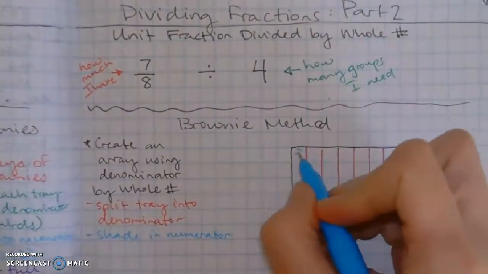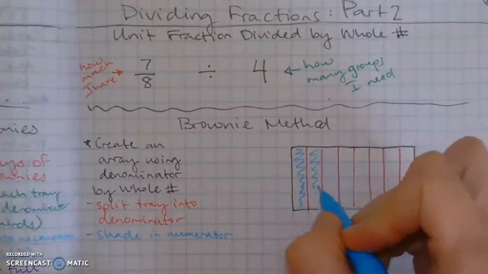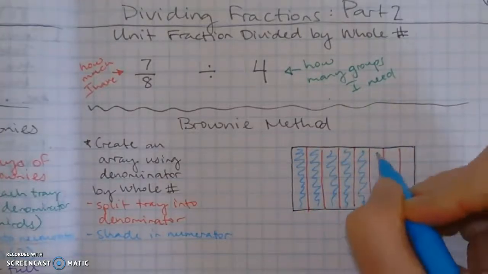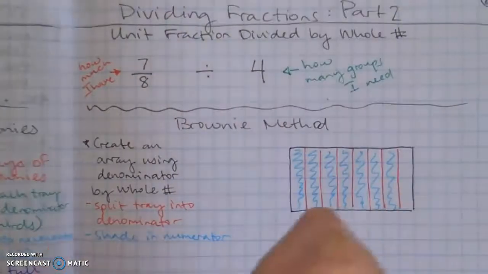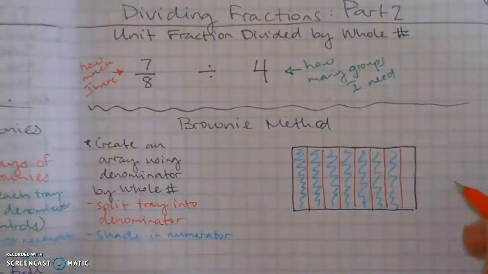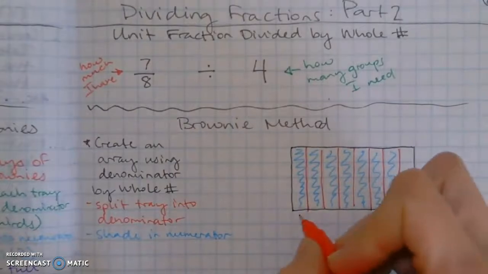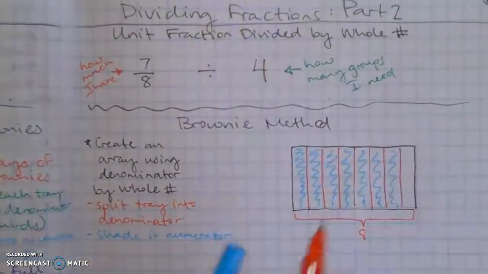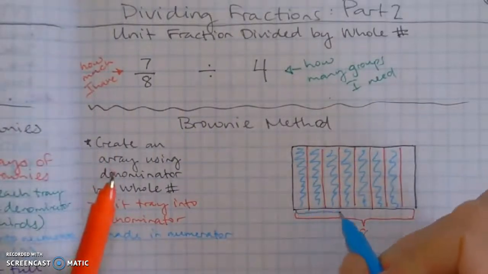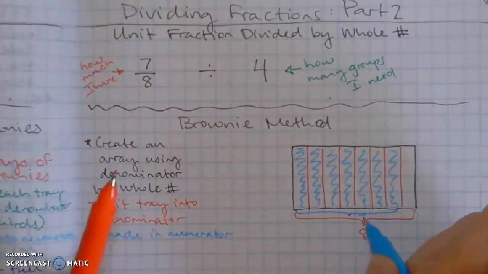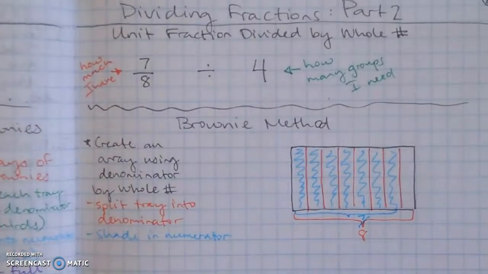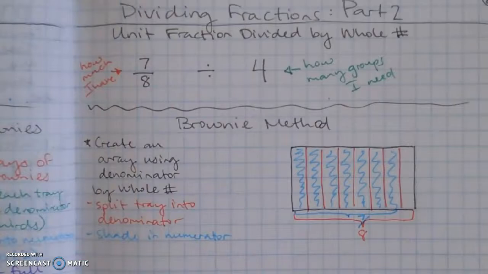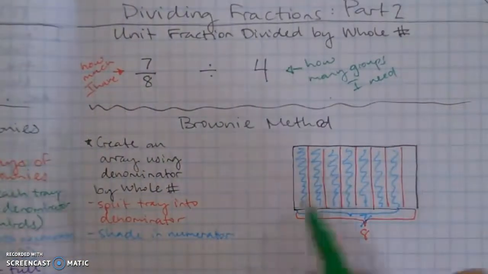So I'm going to color in 7 of those pieces. Okay, so I have now colored in, I have 8 total pieces here, and 7 is going to be on the top part there. Okay, 7/8.